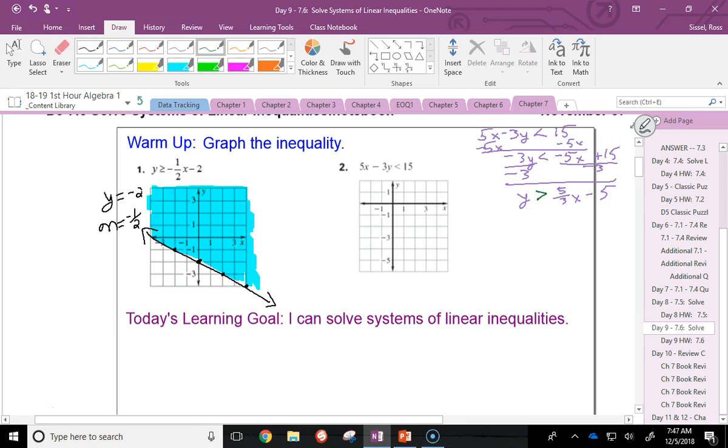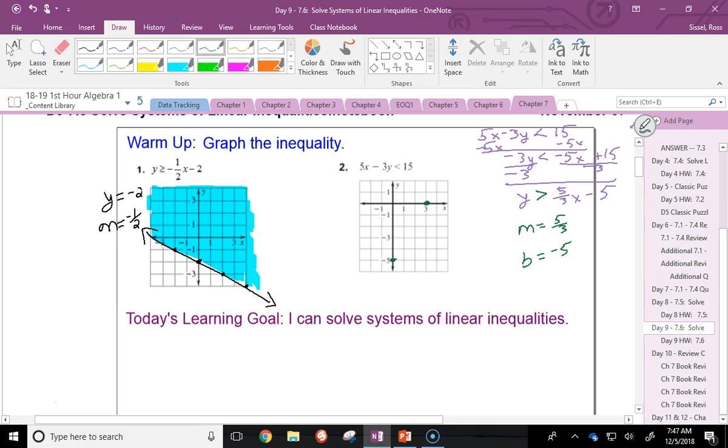So now we take this and I'm able to say my slope is 5/3 and my y-intercept is negative 5. Negative 5, then 5/3, so up 5, right 3. And I'm going to go ahead and make my line. Dotted or solid?